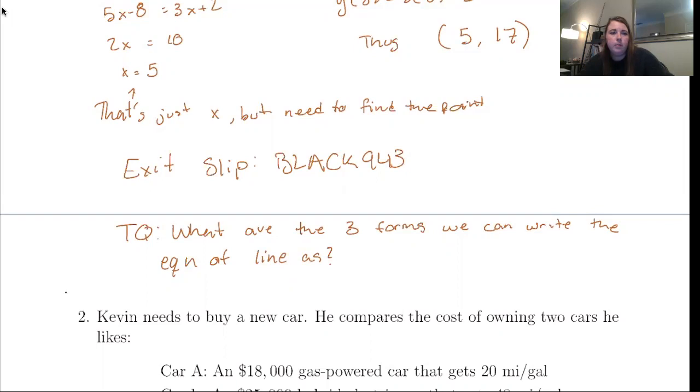Alrighty. So what are the 3 forms? Don't give me the forms, but their names. I want their names. And then if you guys have any questions about today, I'll be here for a little bit.